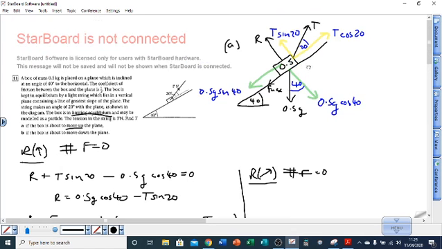So the only positive one there is my T cos 20, and my two opposing ones are the weight component and F max. So minus 0.5 g sin 40, and also minus F max, and we know that that is equal to 0.